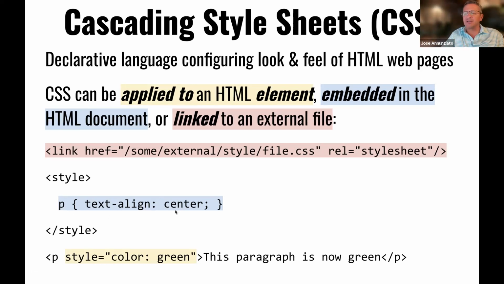I could have put here aligned center, color green, background yellow, a whole collection of styling properties and their values, grouped in a semicolon separated list. You can group them together with a curly bracket and then apply it to a specific element or multiple elements. Here, we're applying these transformations to all paragraphs. So any paragraph in the DOM, we will apply these transformations. Make sense?